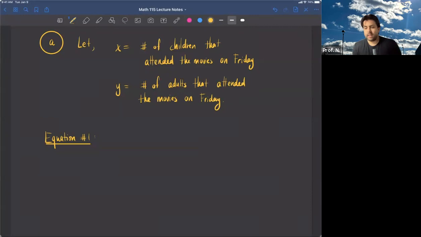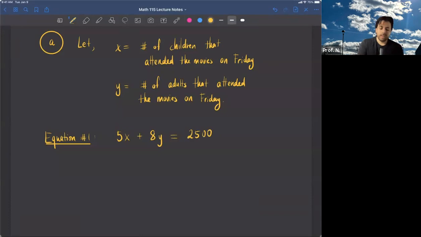Jasmine, you are correct. If I have X number of children and each ticket is $5, then it would be a total of 5X for children. And for the adults, since every ticket is $8 and I have Y tickets for adults, the expression would be 8Y for the total ticket sales from adults. If you add up the ticket sales from children and adults, then the total amount will be 2,500.